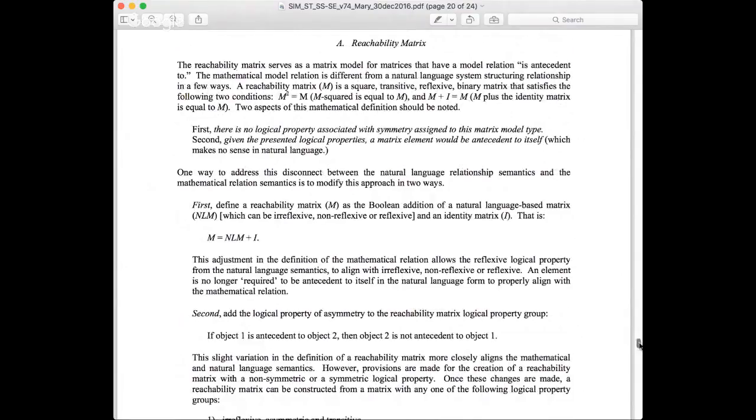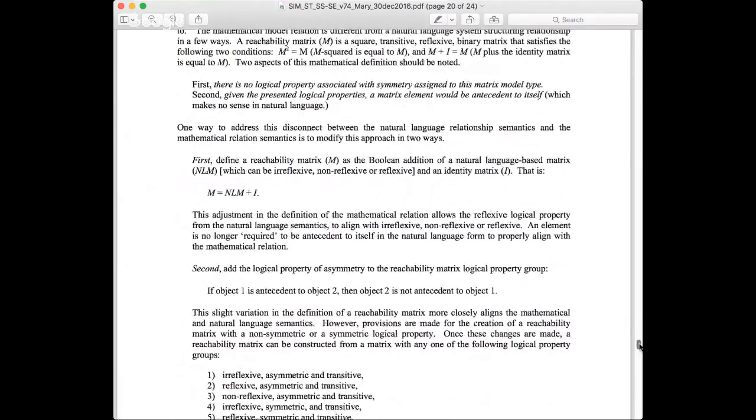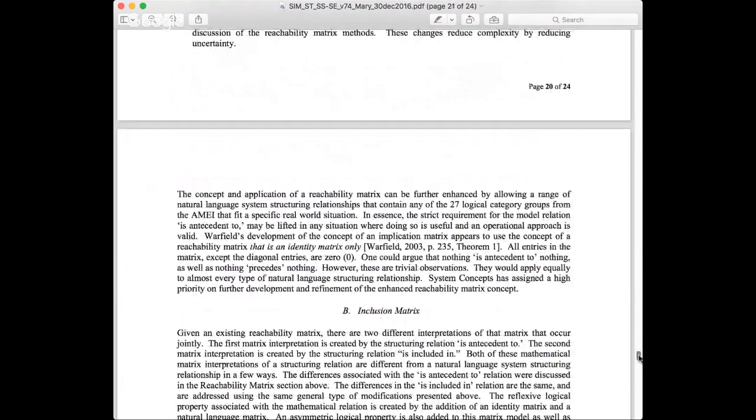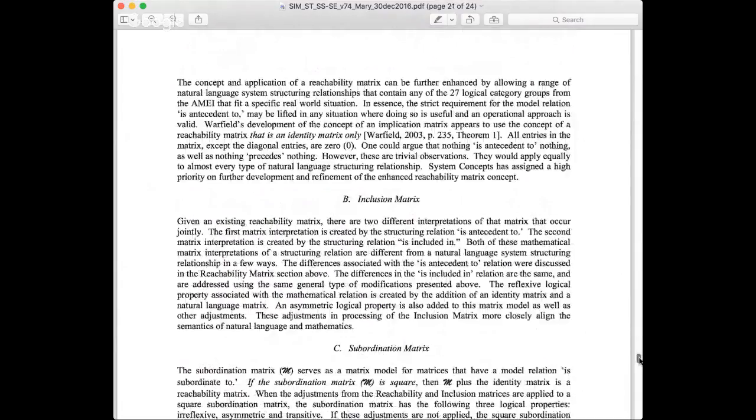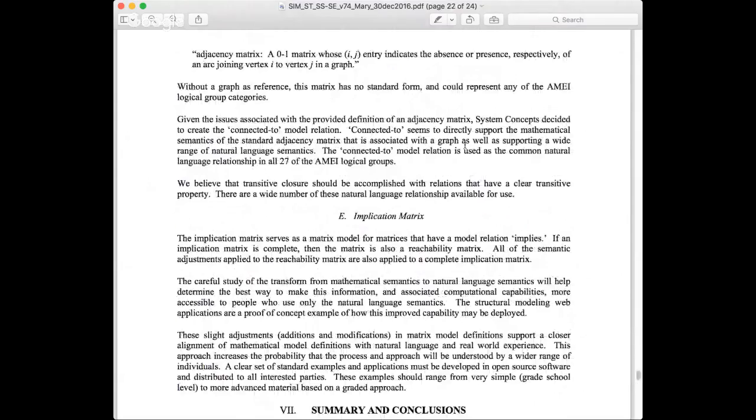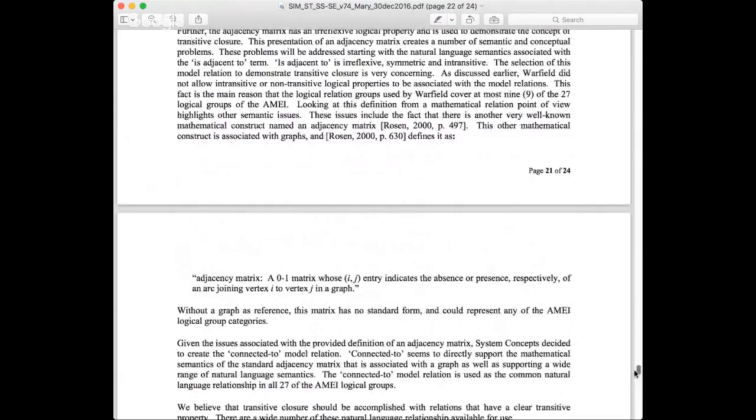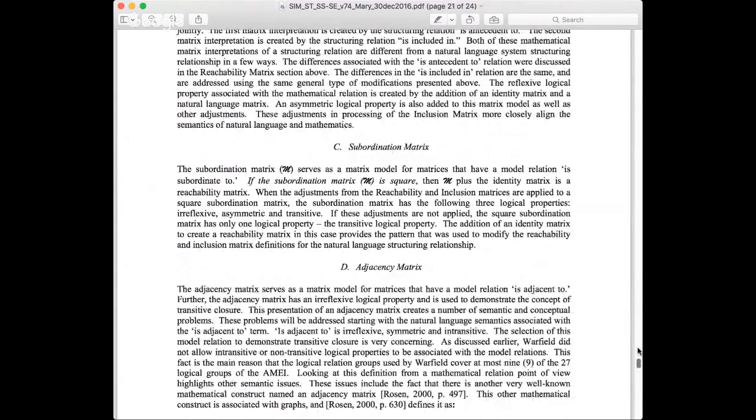Now it leaves us with the inclusion matrix, the subordination matrix, the adjacency matrix, and the implication matrix to take a look at. And I'm just wondering if anybody had any strong feelings about which ones we should look at next for the March approach.